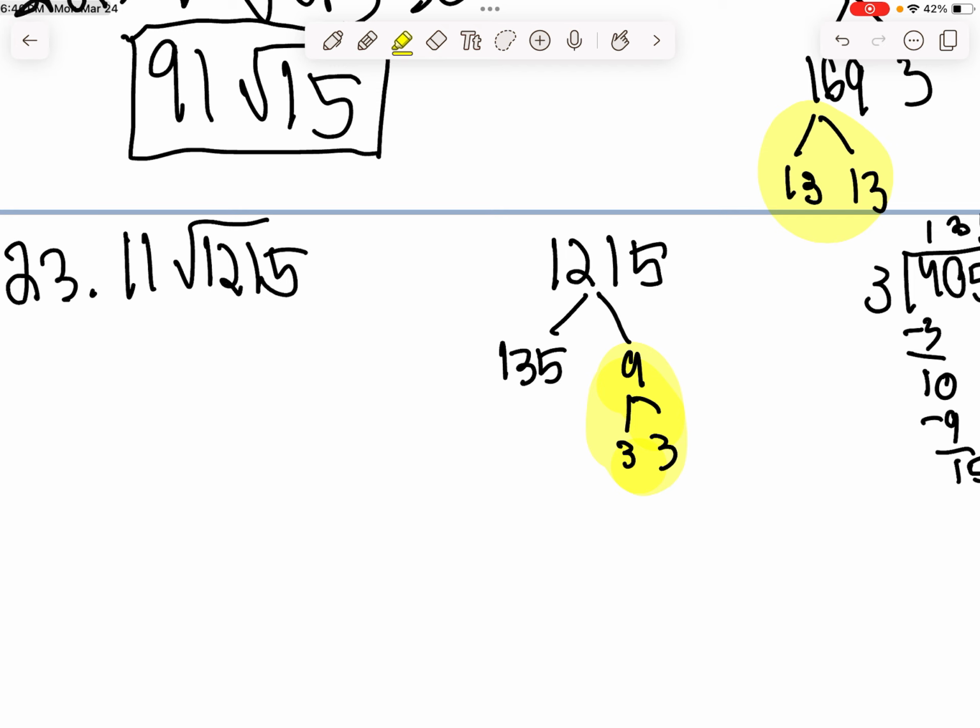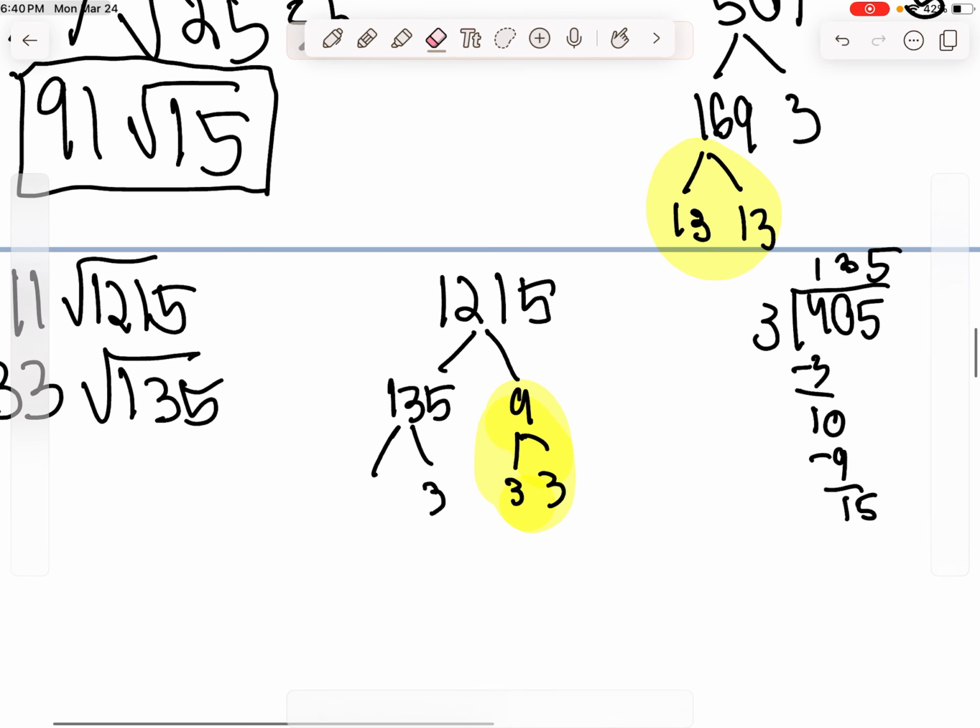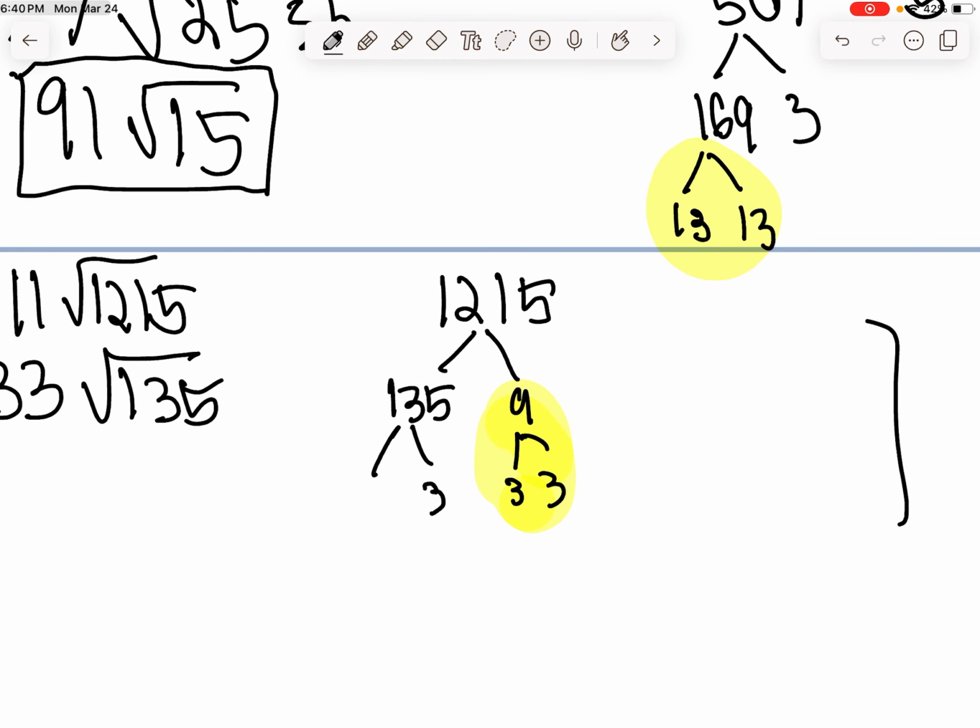So it gives us 33 as the square root of 135. Pretty sure this isn't going to be rational, but oh well, such is life, I suppose. So 135 is also divisible by 3, using the trick. So we'll try one more time.